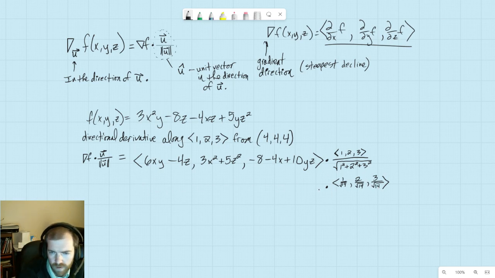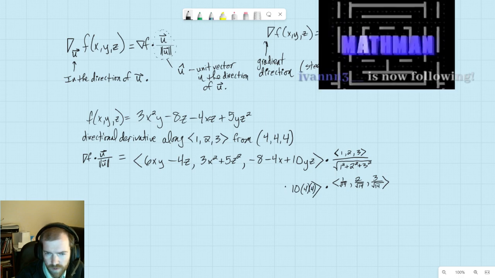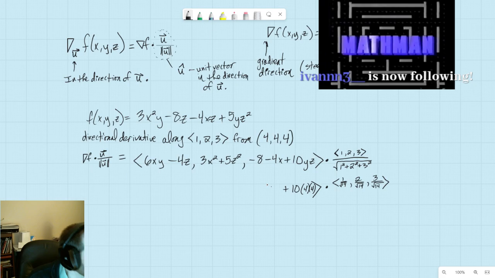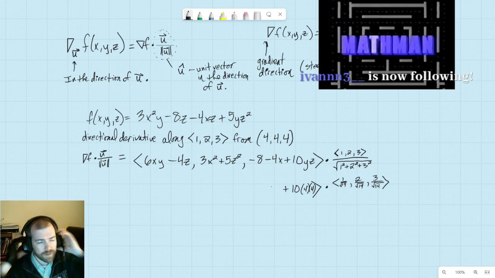Dotted with, okay, these are all 4s, so all of our variables are going to have 4s plugged in for them.